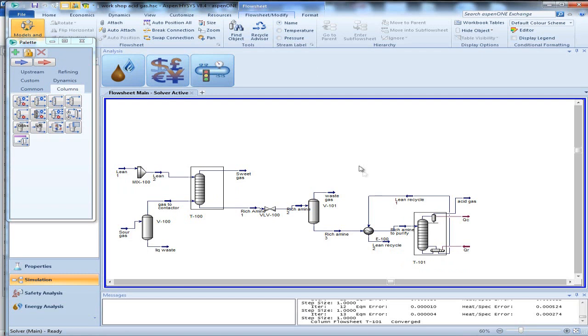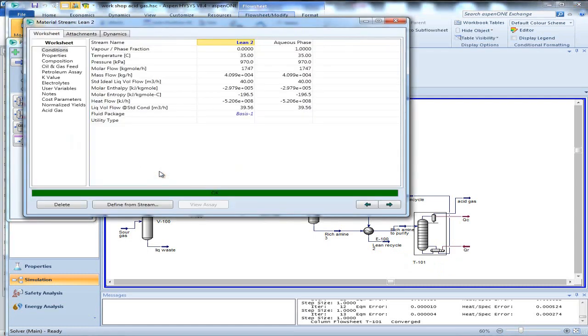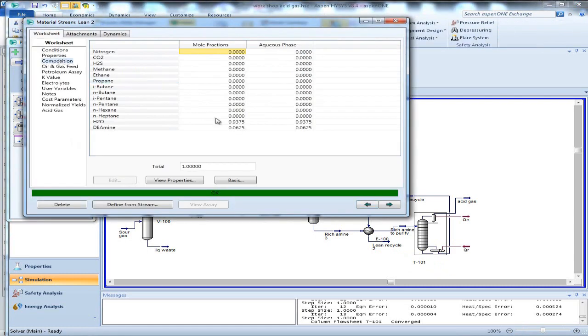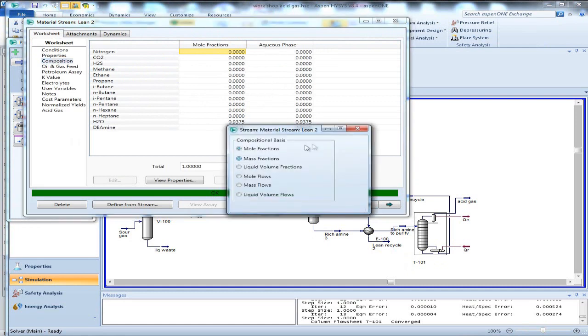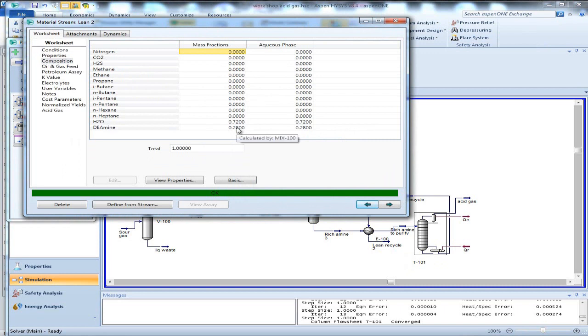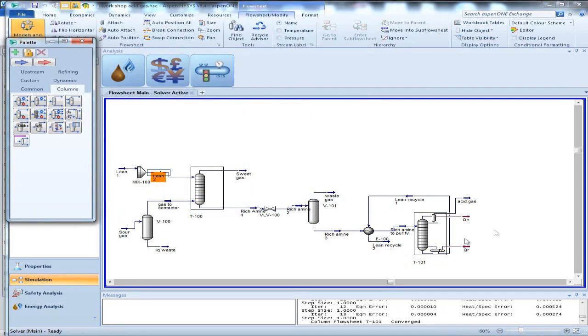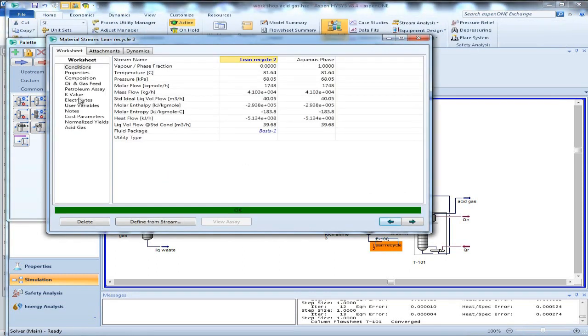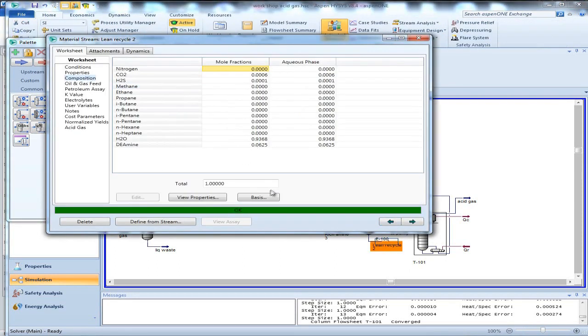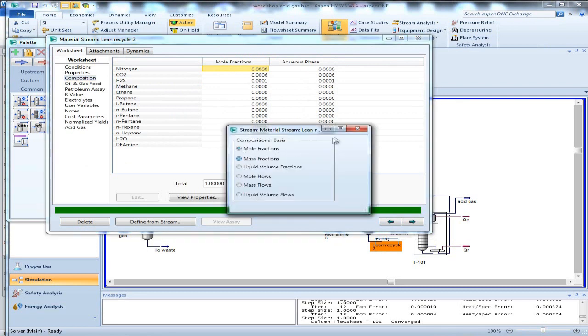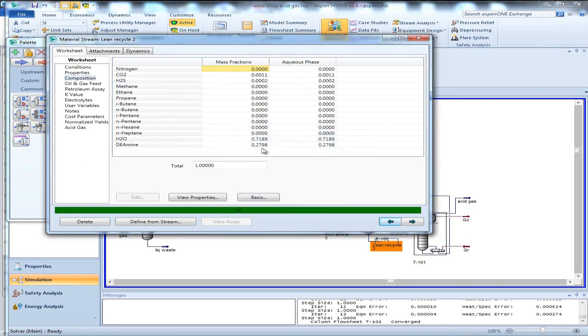Okay. However, let's see the composition here based on mass fraction. So it's 28 weight percent. How about this one? This is about 28.